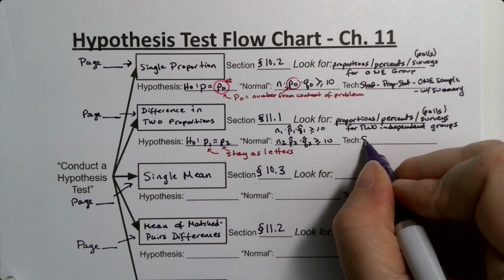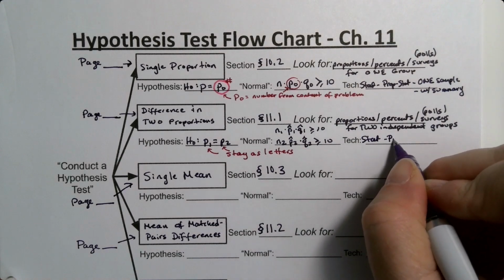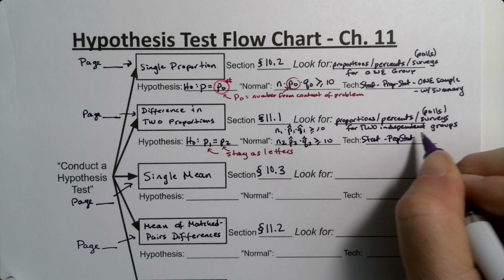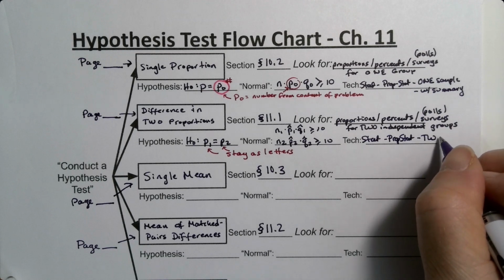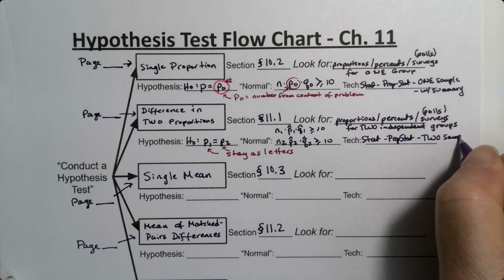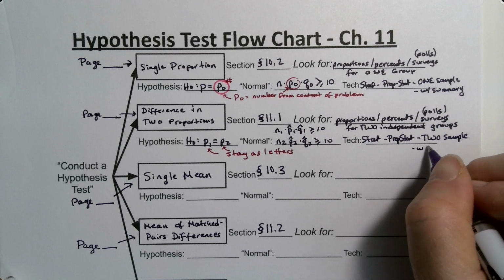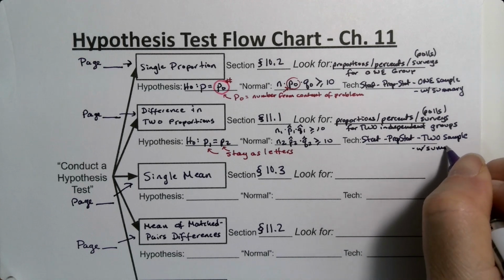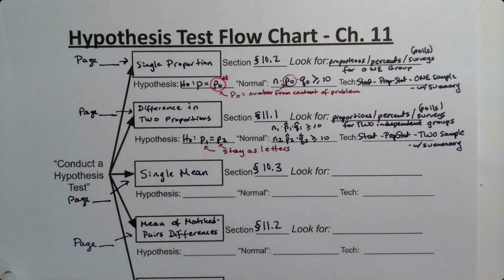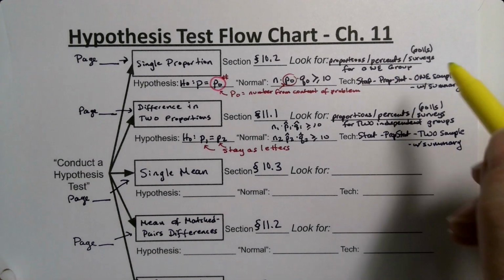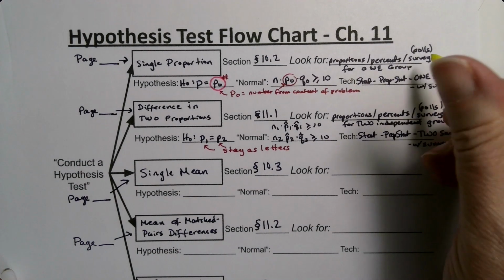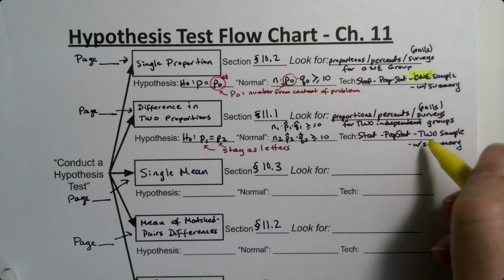And this will be stat, proportion, stat 2 sample with summary. The proportion ones are always with summary, always, at least for our course. You technically can do them with data, but we've never dealt with proportion data like that.